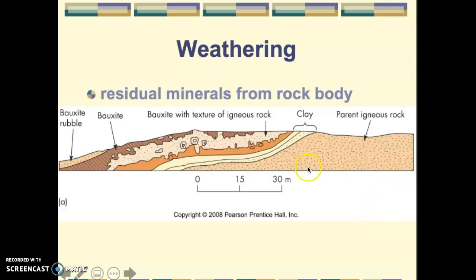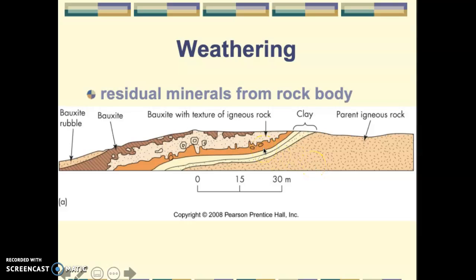Essentially what happens is a weathering front, as a geologist would call it, moves through the rock. So the first thing that happens is some of the minerals in the rock turn into clay. And if you continue that process, a lot of the minerals that are present in the rock will dissolve and go away.